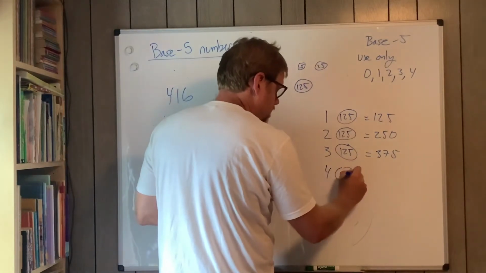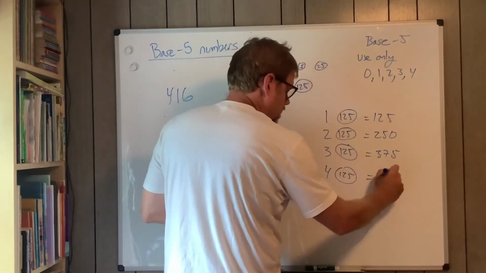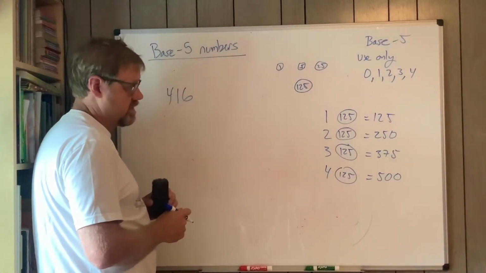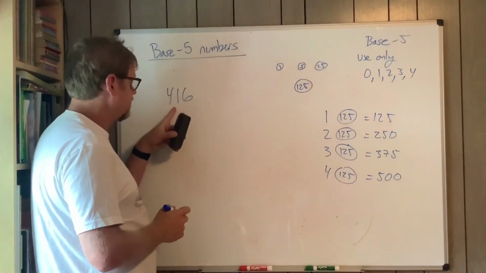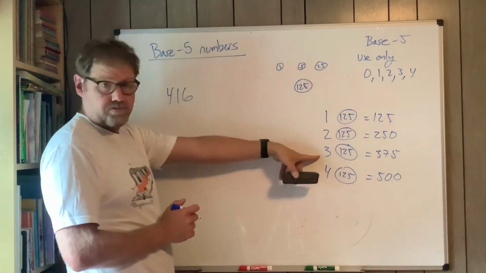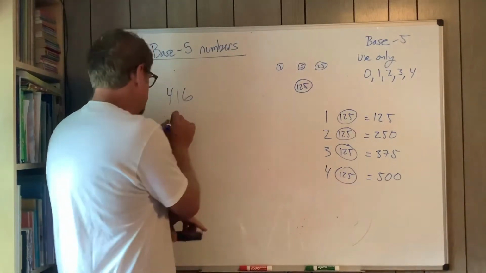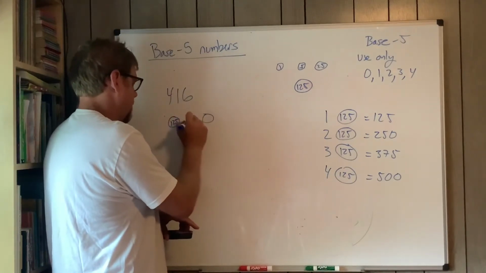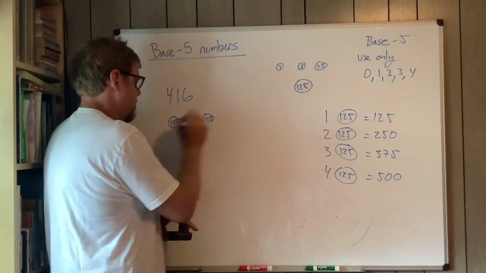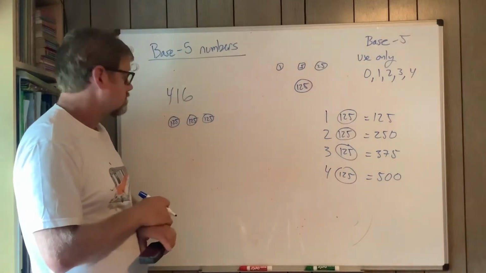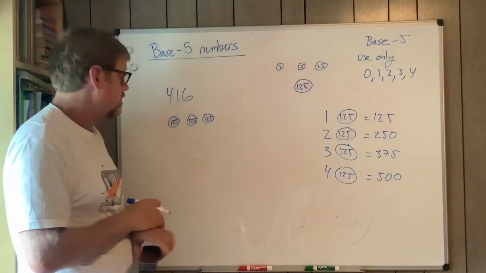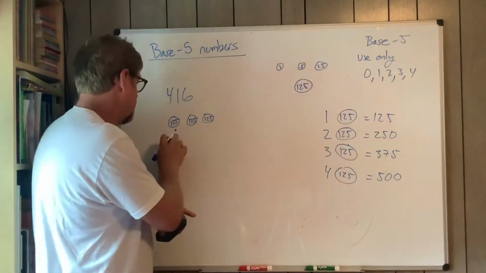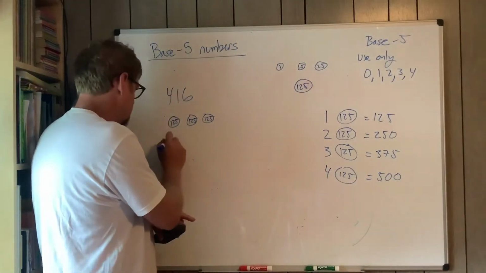And 4 of them would be 500. Okay. So now, I need 3 of these guys to get enough. Right? Okay.